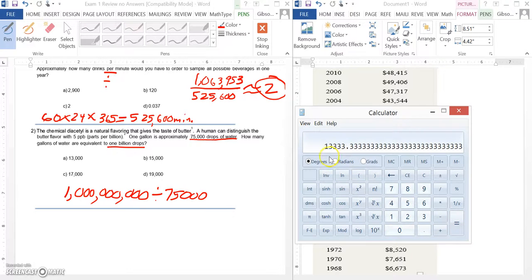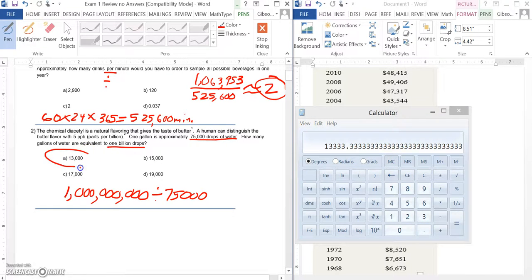Now if you notice here, we have 13,333 and this decimal here. So what we would have to do is pick the answer that is closest to this, which would be the 13,000, which would be A. And also I made a mistake on problem number 1. I should have circled C, because that would be your final answer.